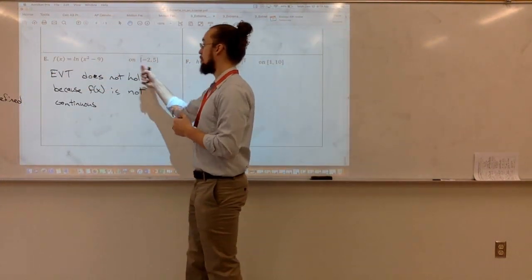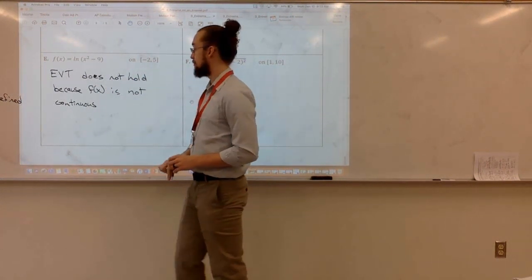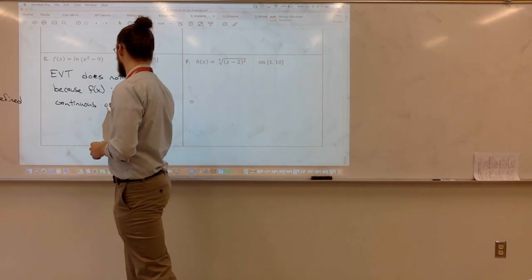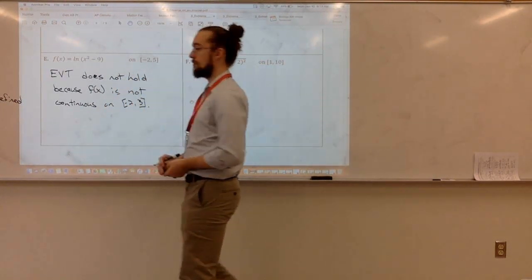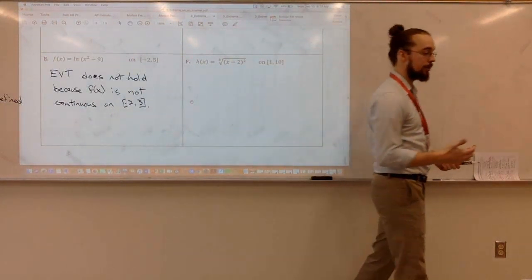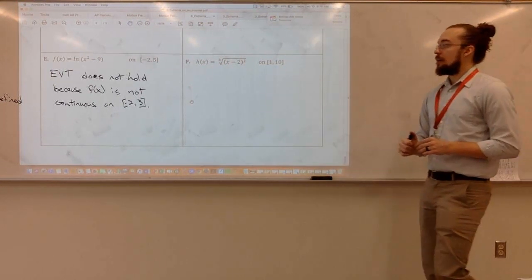But the problem says we want to do it on this whole interval, so it doesn't hold on that whole interval. So we can say it's not continuous on this whole interval, negative 2 to 3. Any of those values we plug in would make this function not defined, and therefore not continuous.